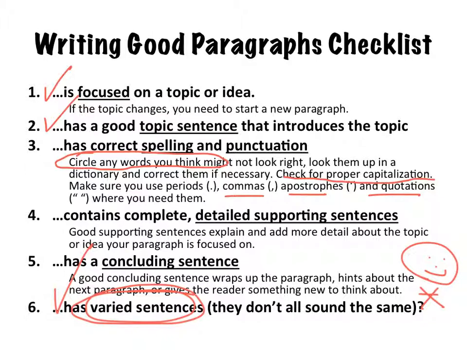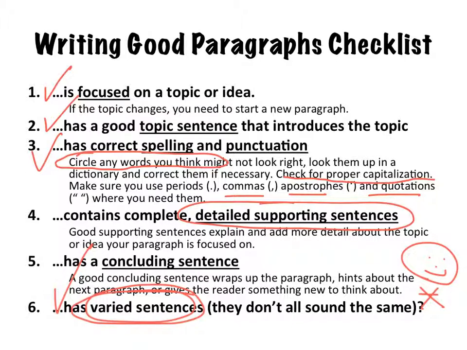All right, number 4, let's go quicker. Contains complete, detailed supporting sentences. Do I always need 3 supporting sentences? No. The example we looked at had 3. It was a hamburger paragraph with topic sentence, 3 supporting sentences, then a conclusion. But we talked about this. You don't always need just 3. You could have 2 really good ones.